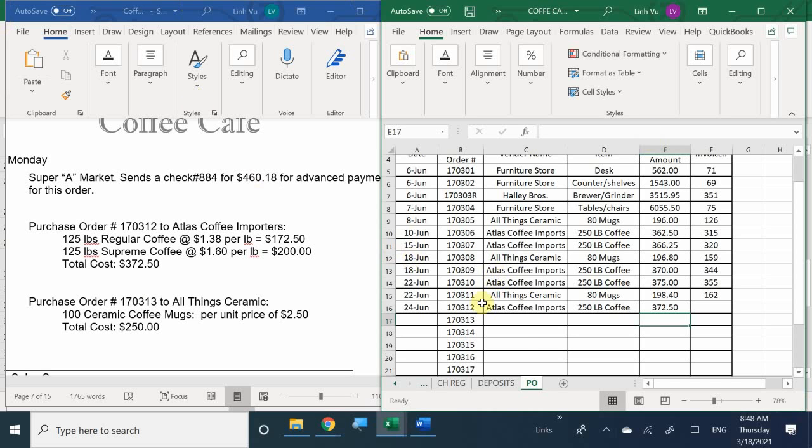Since we're already here, we're going to do the other purchase order for all things ceramics. This time, for how many mugs?